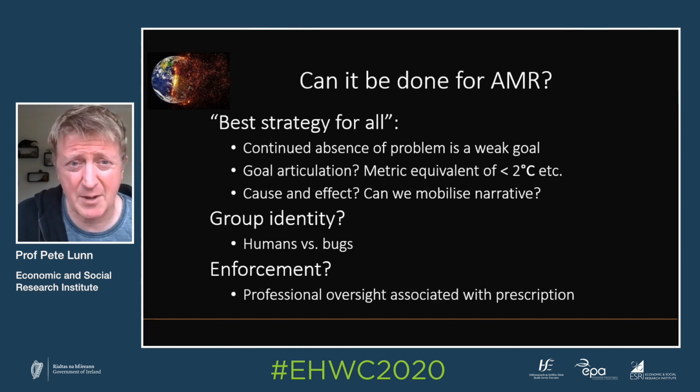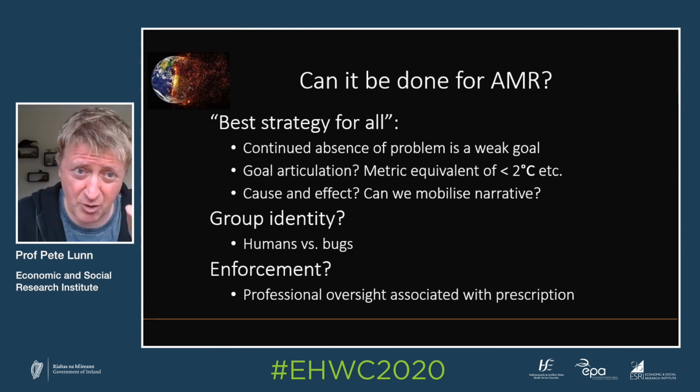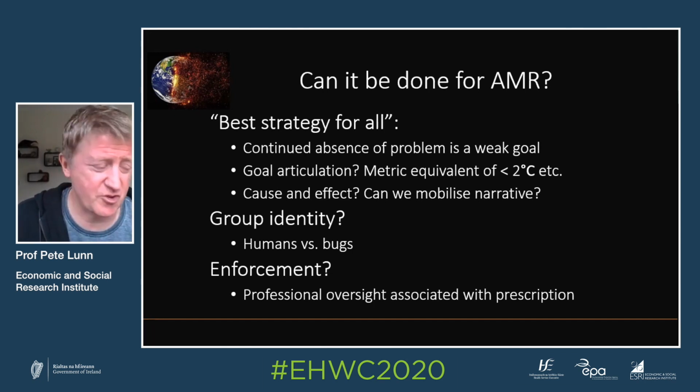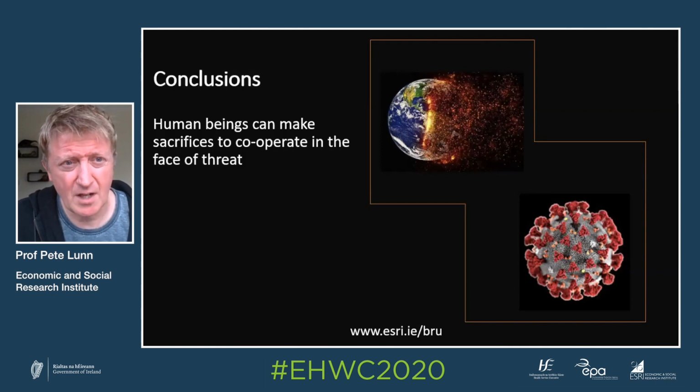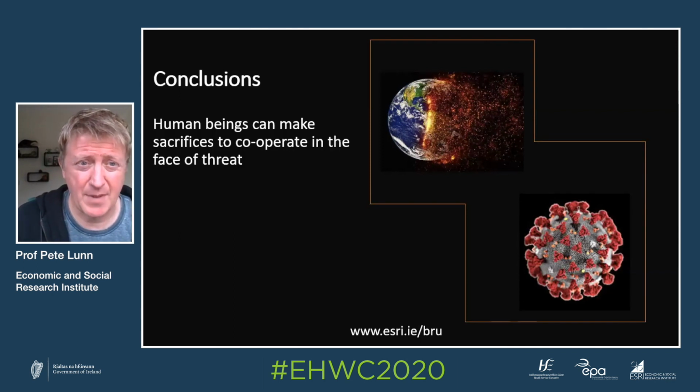So can it be done for AMR? Possibly it can. But if we understand the nature of collective action problems and we can break down the drivers of people's behavior within them, as I'm trying to do here, I'm going to argue that we're going to do a bit better.